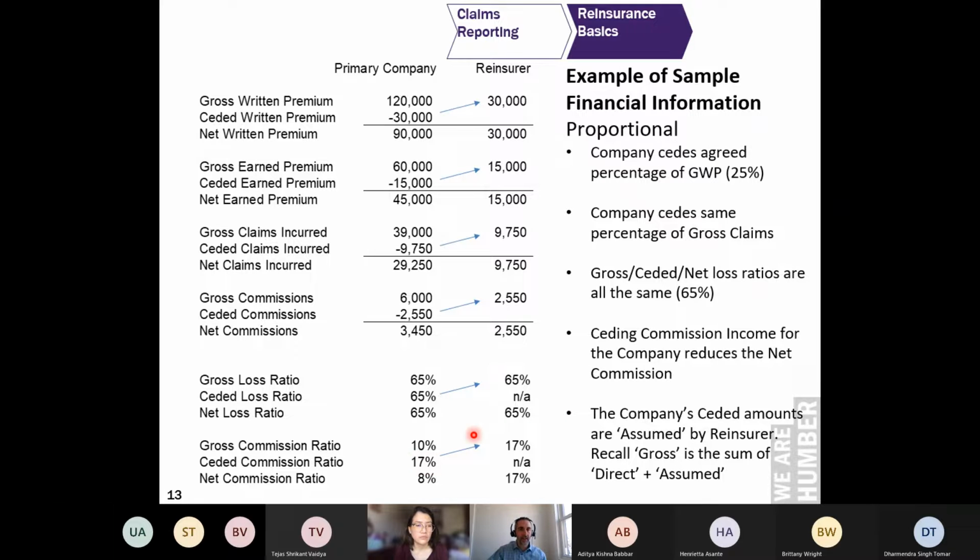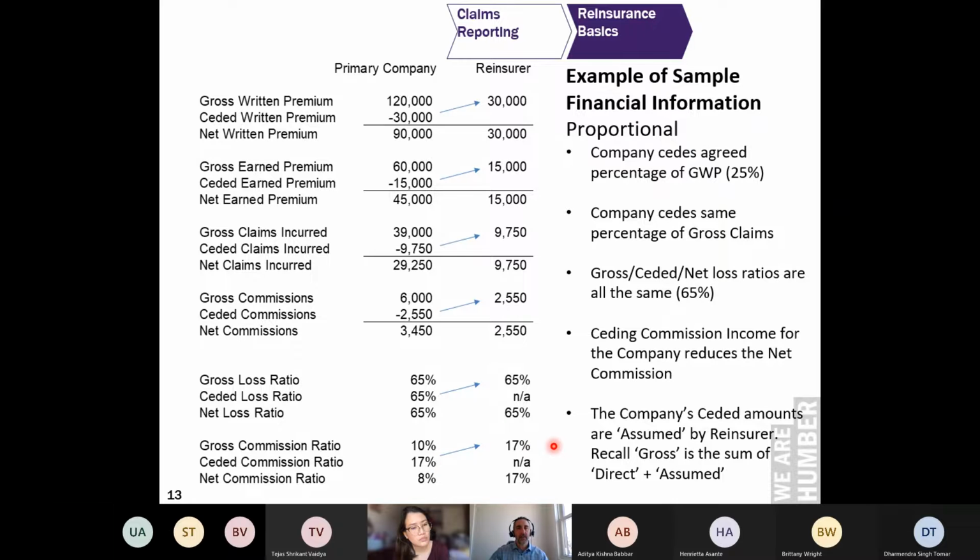So what's different here, the way that the insurance company receives its expenses, they might pay out a broker commission of 10%, but they have to recover their underwriting expenses and premium taxes. So they're going to be using ceding commission, which is income for the primary company, a higher percentage of premium so that they recover those other costs.